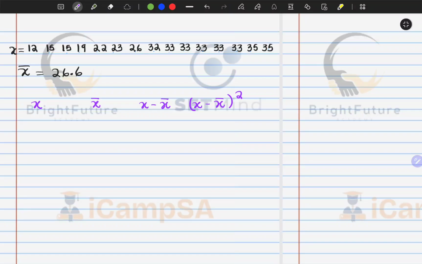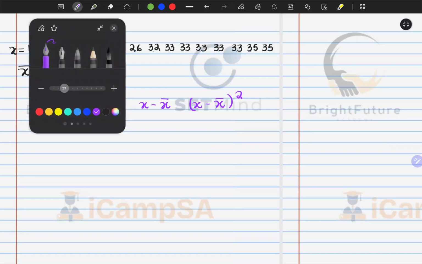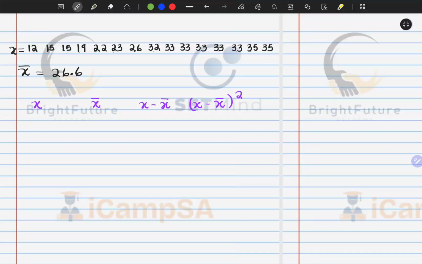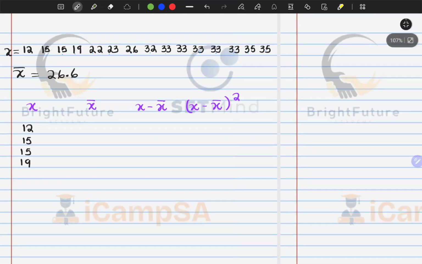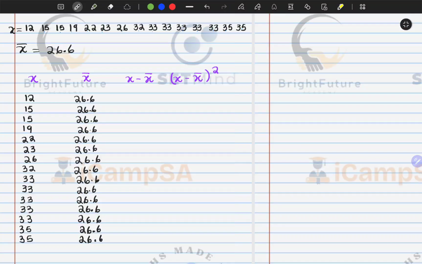Okay, and let's go ahead and have a look at this. If you look at the data, you'll see that we have a 12, we have a 15, 15, 19. Let me populate. So the columns for the actual data and the mean have been populated. Next we are going to do x minus the mean.